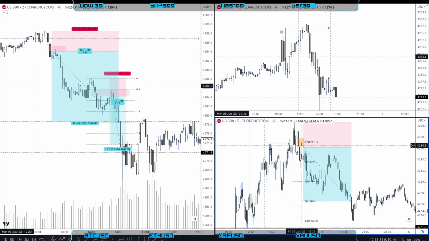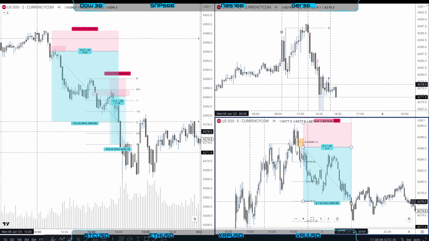But we were able to catch a pretty decent move to the downside and held this over the weekend. It's not something that I would suggest you do if you're trading futures. If you're trading futures, you need to get in and out of the market within the same day. However, if you are trading leveraged accounts, you're trading SPX 500, feel free to hold that over the weekend if you would like to do so.